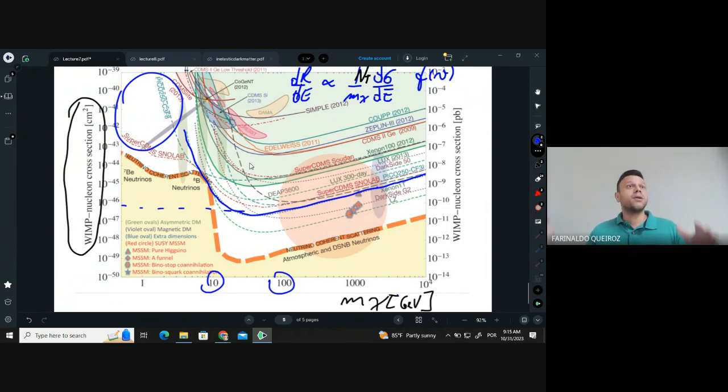So then I can really lower the threshold if I rely just on ionization. In some of those experiments, they gave up on the idea of having a second readout technique.